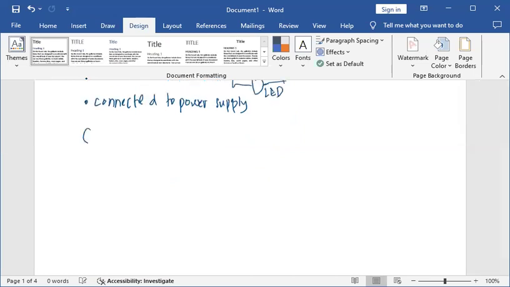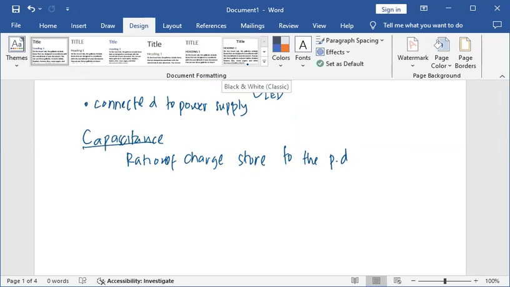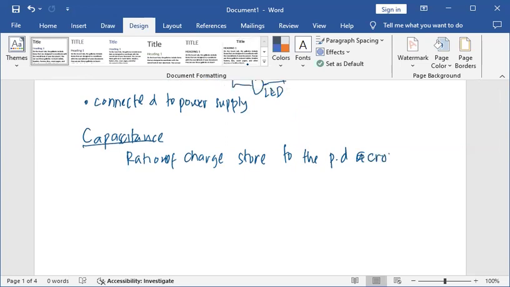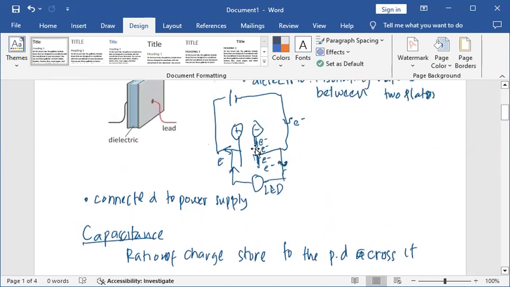Capacitance is the ratio of charge stored to the potential difference. When we talk about charge stored, when the capacitor is charged, the plates have equal and opposite charge.